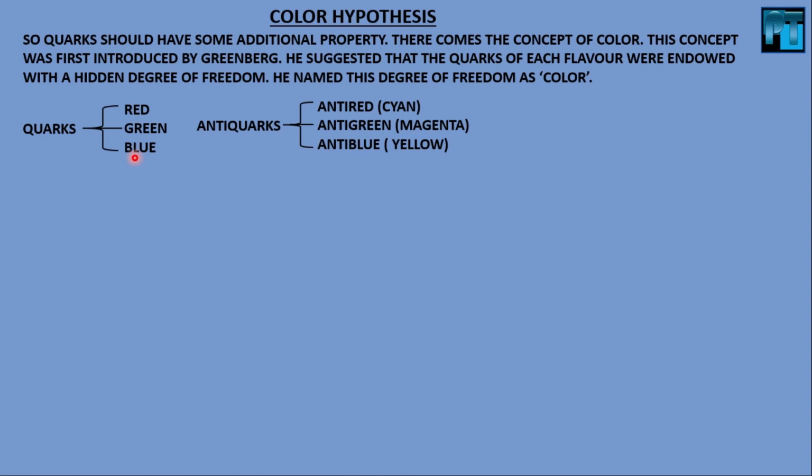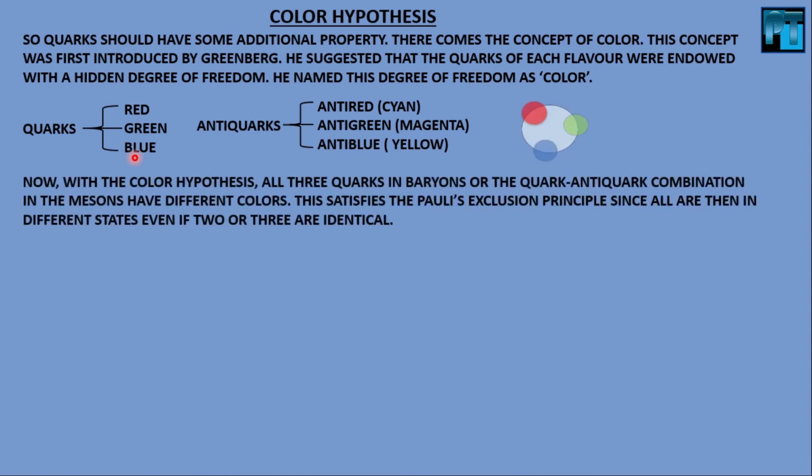But don't you think that quarks are like this? This is R, this is G, and this is blue. This is a blue colored quark, this is a red colored quark. No. If you are thinking like that, then you are completely wrong. They are not colored. Okay, this is not painting.